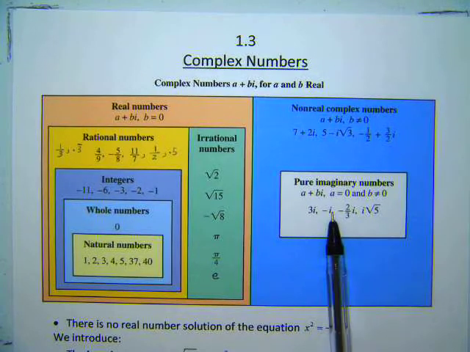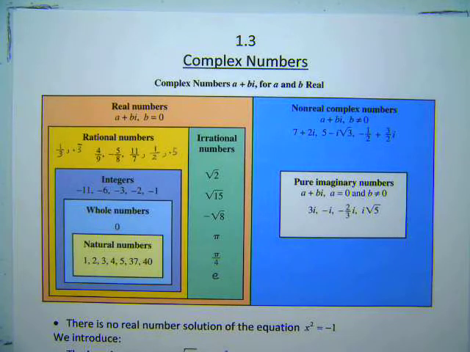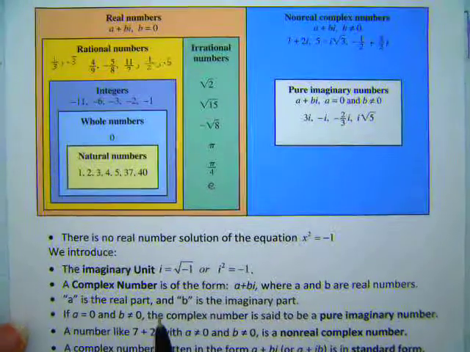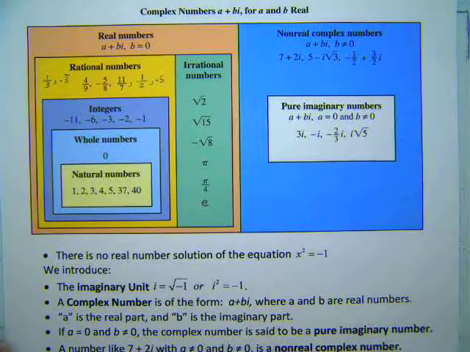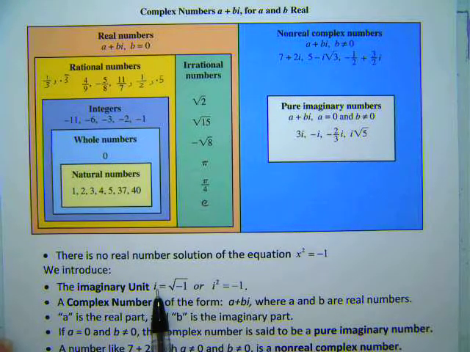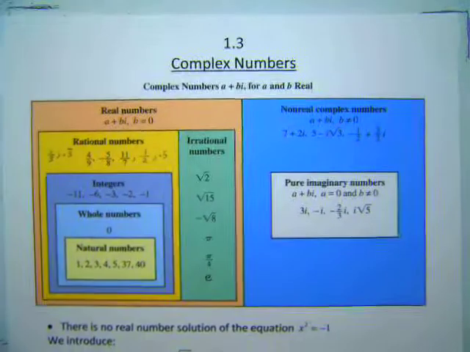Then we turn to this lesson, and you're going to read it, and we introduce the imaginary unit, which is the lowercase i. You're going to read it, of course, and look at the videos, but we have i, the lowercase i, which is the square root of -1. That's the imaginary unit, and from it we introduce the complex numbers.